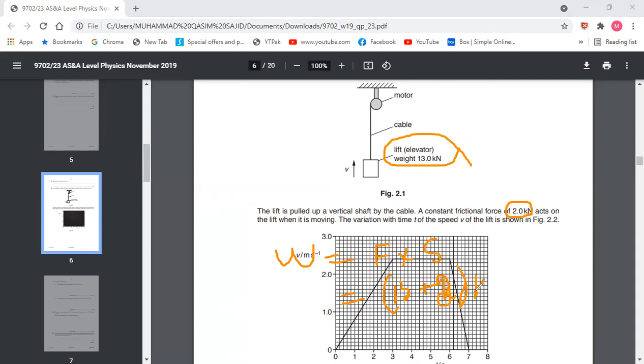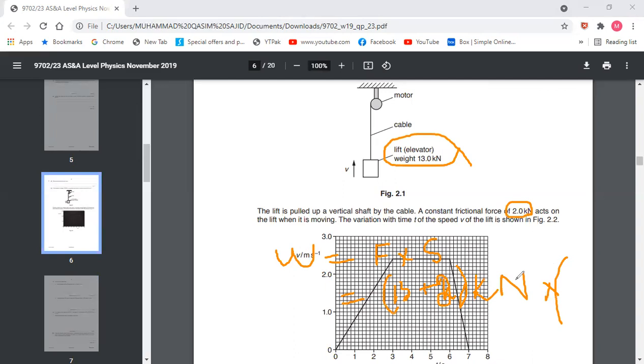Both are in kilonewton, so we have to convert to newton. 13,000 plus 2,000, it must be 15,000. Sorry, yes, 15,000. So how to find the distance?